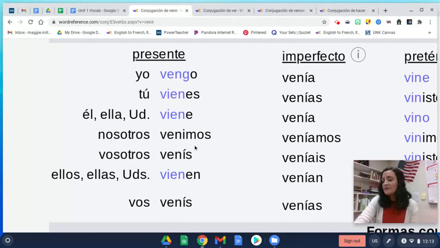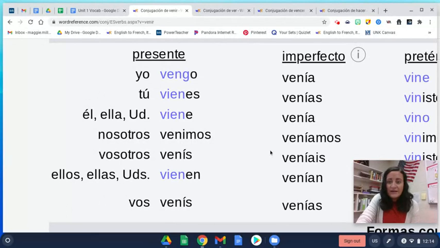Notice venimos does not have a stem change because it's not in the boot. These conjugations also look a lot like the verb tener, to have: tengo, tienes, tiene, tenemos, and tienen.